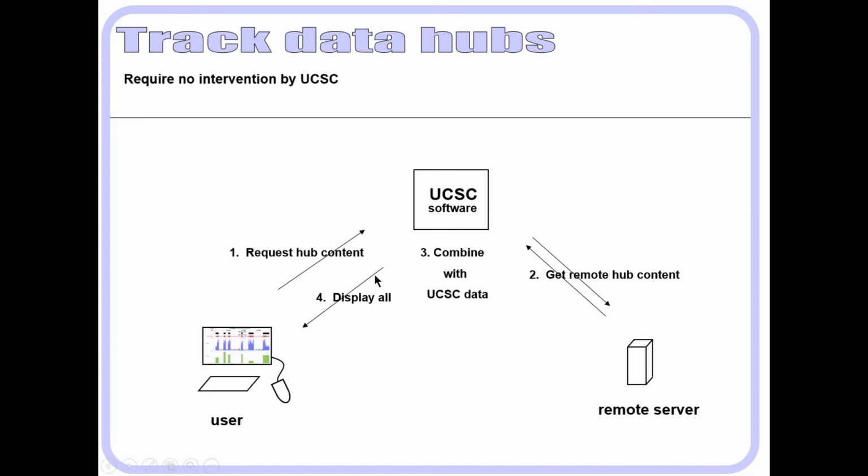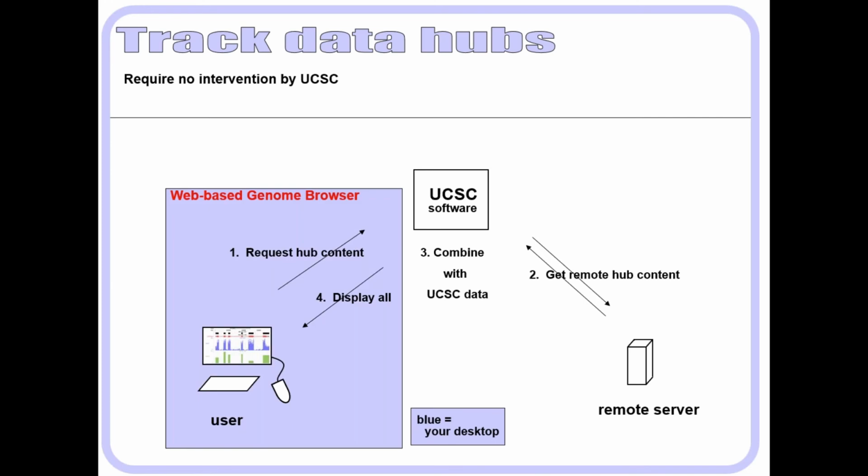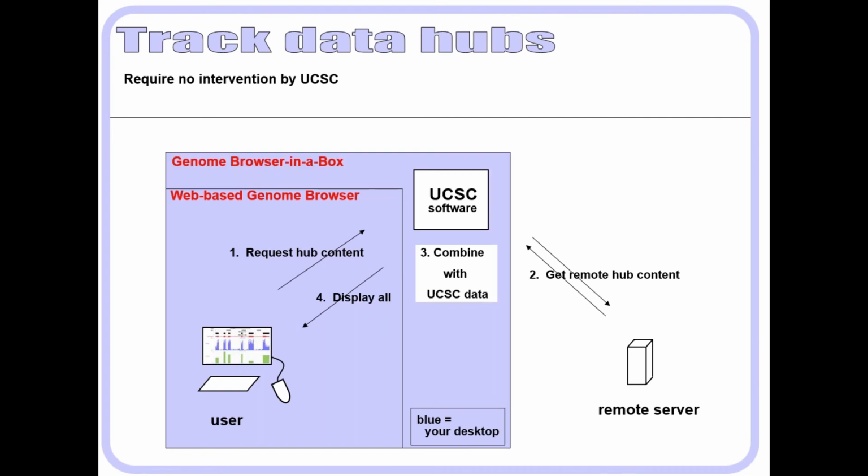And then finally, it all gets displayed at UCSC when the click has finished executing. None of that's visible to the user, but it does show you how the browser handles data from multiple sources and combines them into a single image.